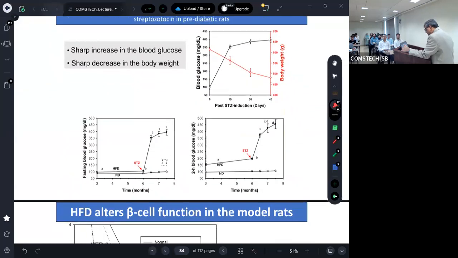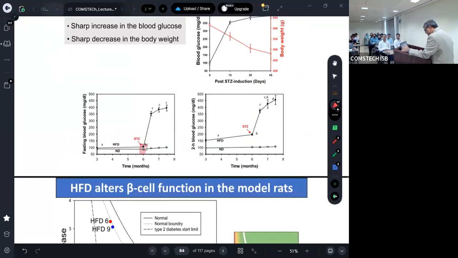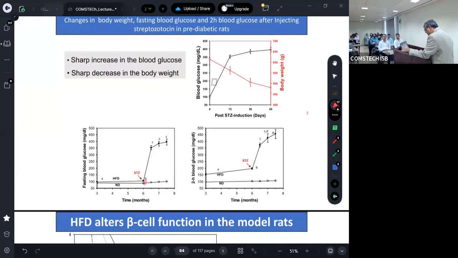Then what happens here? Once at 6 months, if we give streptozotocin, this figure is interesting. After giving streptozotocin, the blood glucose is increasing, but body weight is decreasing. Initially, body weight is increasing and constant. After giving streptozotocin, body weight decreases.